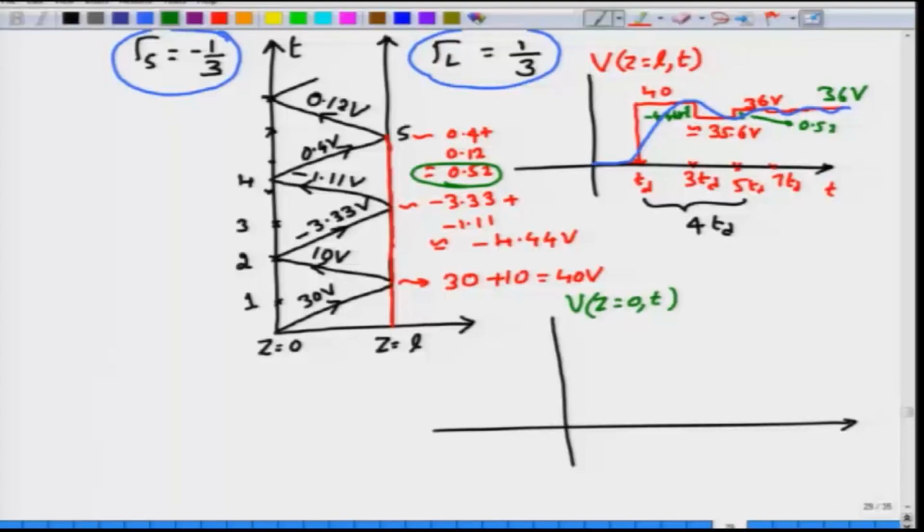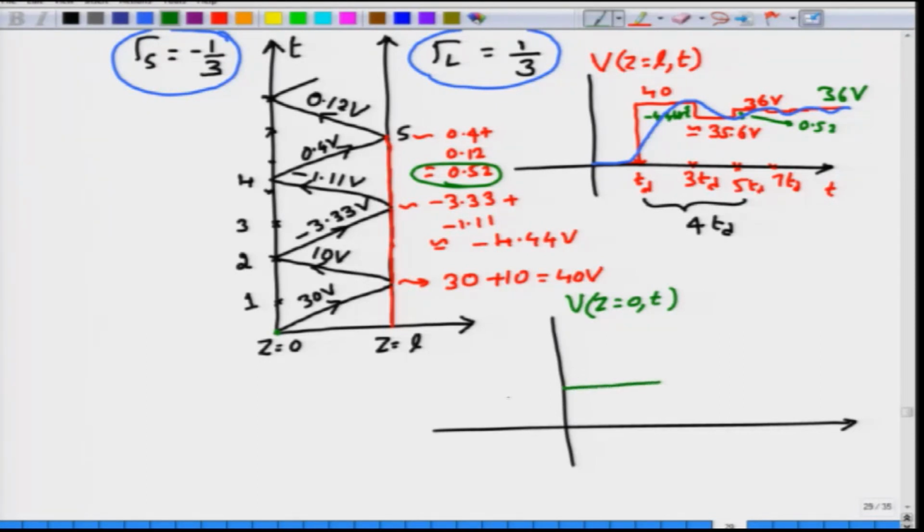Okay. And if you do that, you will again have to follow the same procedure that we have followed. You start off on the time axis. Clearly at time t equal to 0, there is already a voltage of 30 volts launched on the transmission line, which is what V1 plus would be.